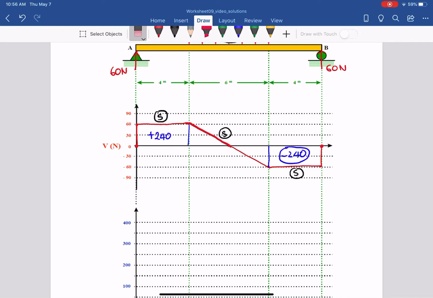And the first triangle here, because it's symmetrical, you have 3 meters and 3 meters here.